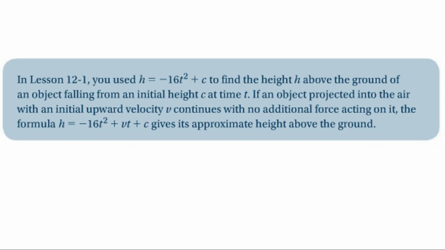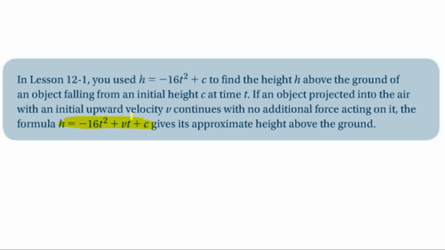Now we're going to move on to adding in h equals negative 16t squared plus vt plus c, where v is the upward velocity and c is still that initial height. Okay, so now we're just expanding.